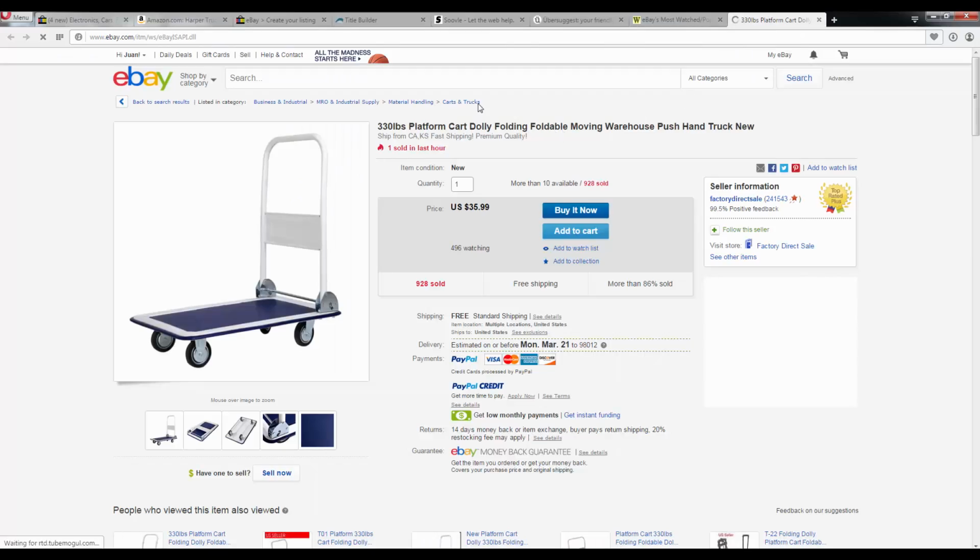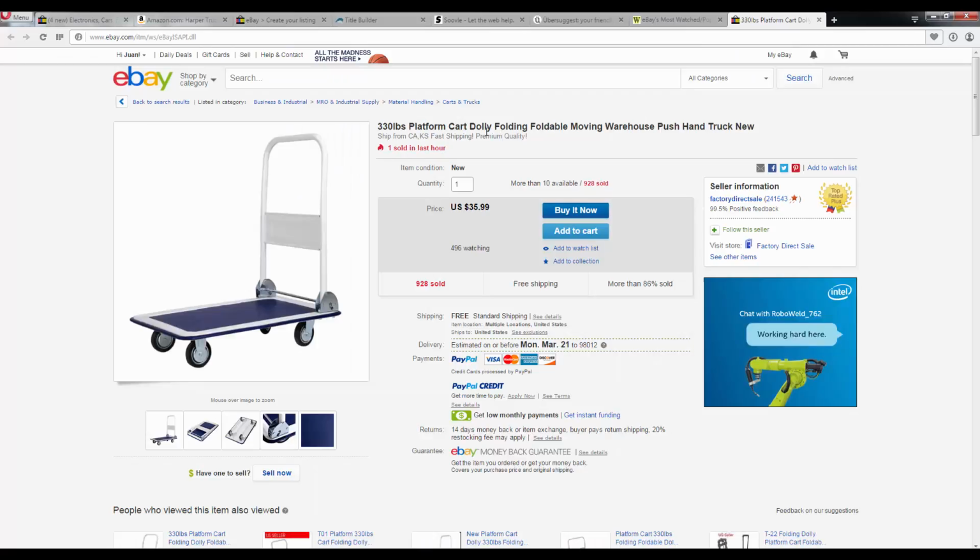Okay, so look at this one. This one has really great keywords, and we can use this for our own keyword optimization as well for our listings. So just take a look here. 330 LBS, pounds, obviously platform, cart, dolly, folding, foldable, moving, warehouse. These are all great keywords, right?